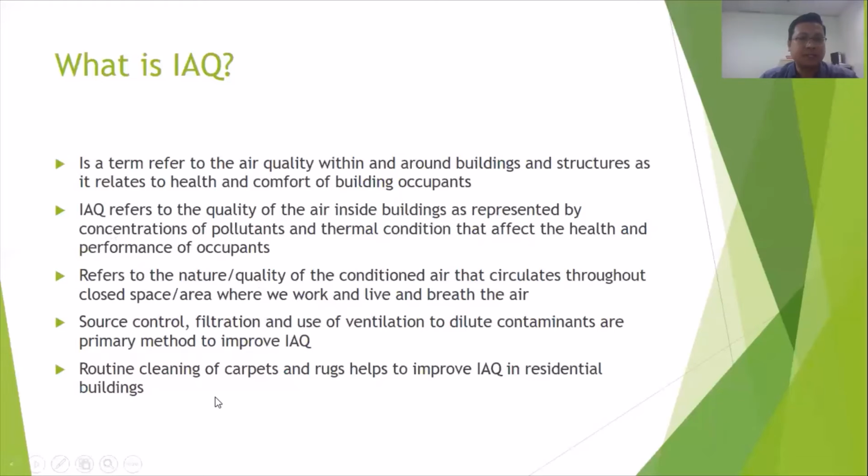Source control, filtration, and use of ventilation to dilute contaminants are the primary methods to improve indoor air quality. Routine cleaning of carpets and rugs also helps to improve the indoor air quality in residential buildings. This refers to the quality itself, based on the conditions outside of the building and inside of the building.